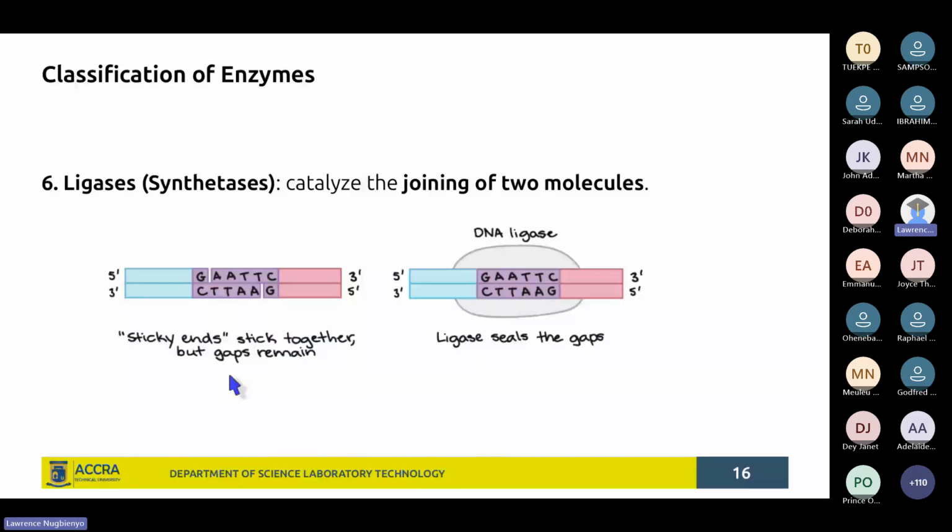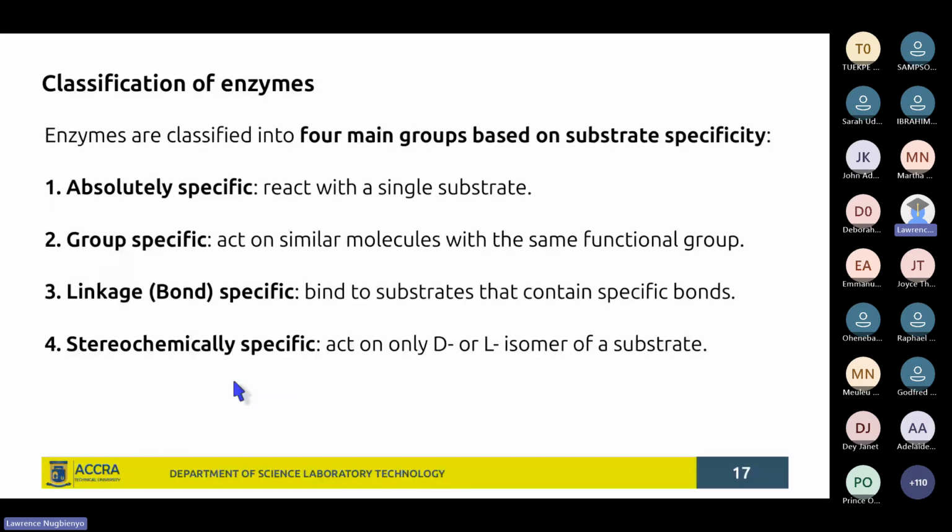Now, based on specificity, how specific an enzyme is acting, you can also have enzymes being classified into 4 main groups. And these are absolute specific enzymes, which means that these enzymes act on only one and only one single substrate.